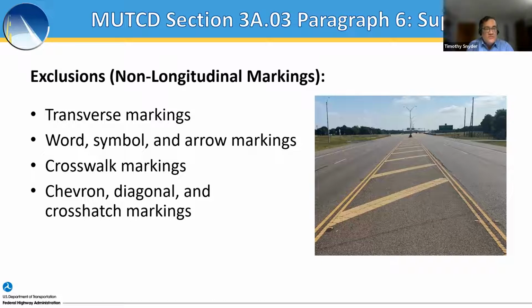So there was a push to kind of include lower than 6,000 ADT as part of this rule. However, there was a concern that agencies may opt to eliminate non-required lines should they be held to the standard. So they kept the threshold for this standard at and above 6,000 because that's where those lines are required by the MUTCD.